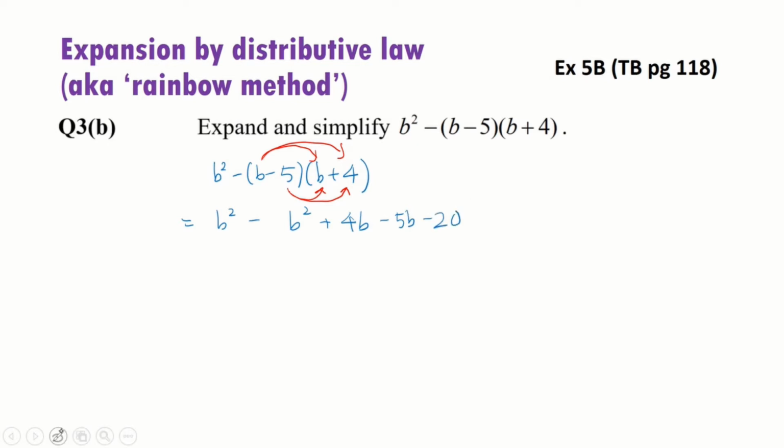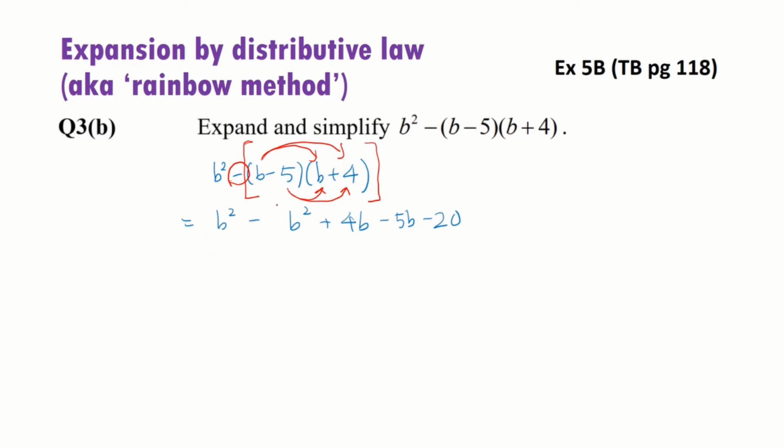However, many of you forgot about the fact that there is this minus sign outside here, which will influence the accuracy of your answer at the end. When we are doing expansion, we were only focusing on the bracket portion. We have ignored the b squared and the minus on the left.